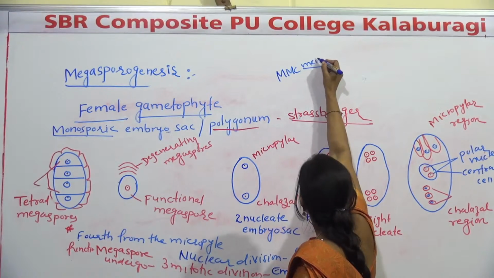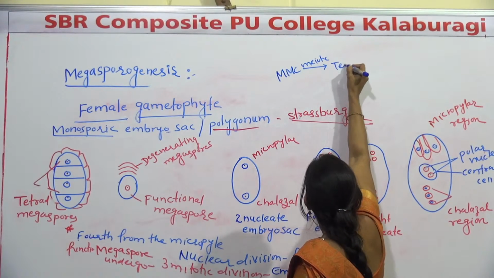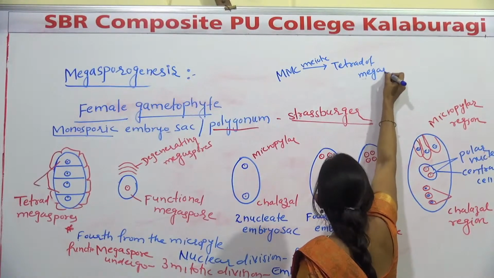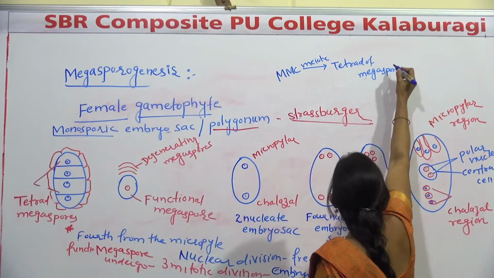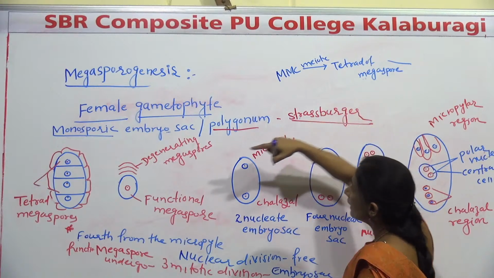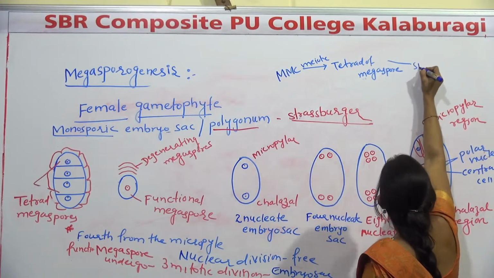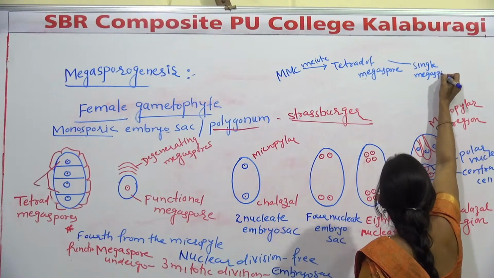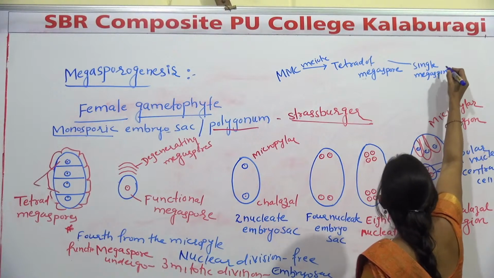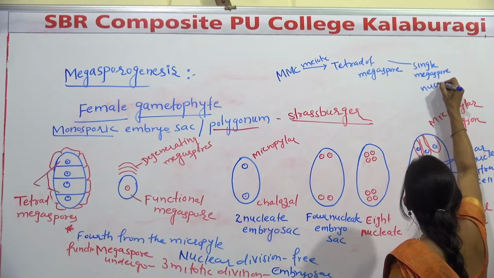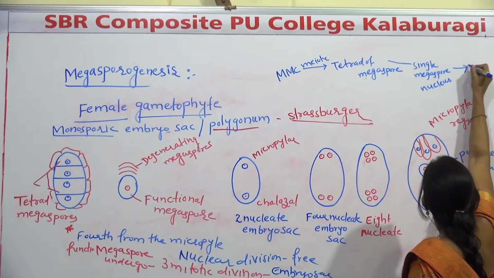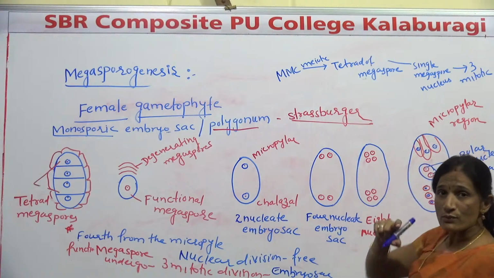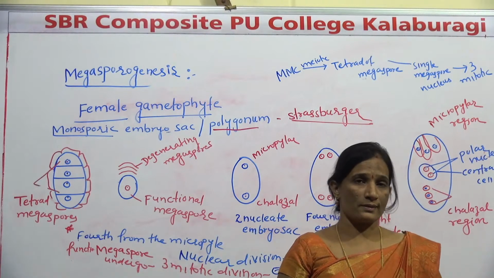Meiotic division to produce a tetrad of megaspores, and in monosporic type a single megaspore is functional, and that single megaspore nucleus undergoes three mitotic divisions to produce the embryo sac.